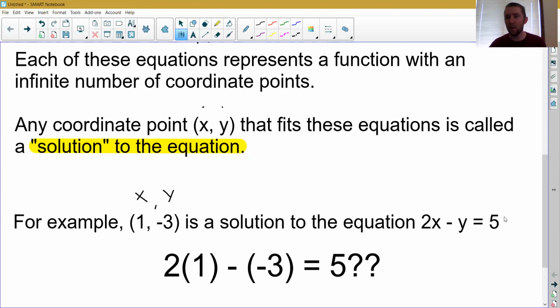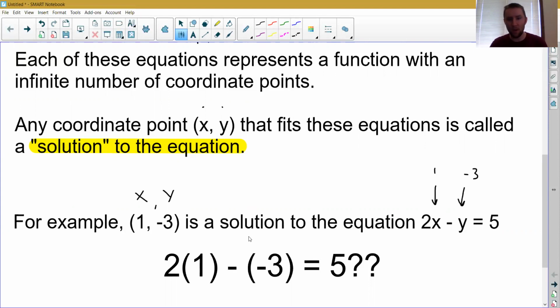The reason we know that it's a solution is because if I replace the x variable in this equation with the number 1 and I replace the y with a negative 3, I can do just the numerical operations and see, does it actually equal 5? Are both sides of this equal sign truly equal? If they are, then I have found a coordinate point (x, y) that is a solution to the equation.